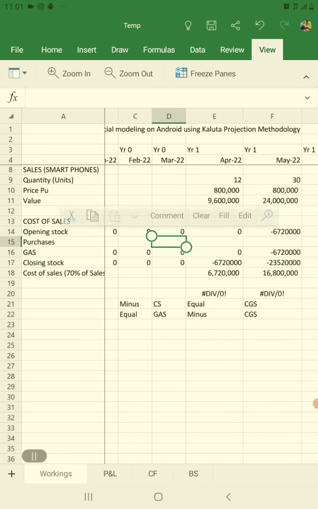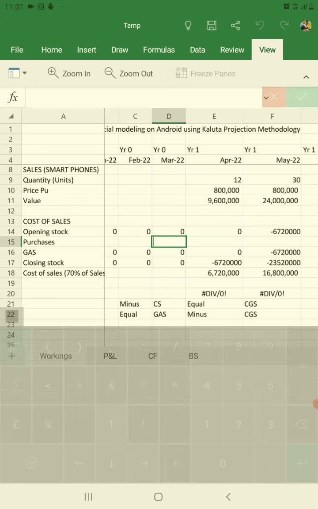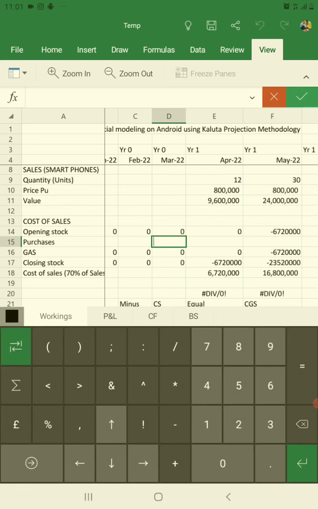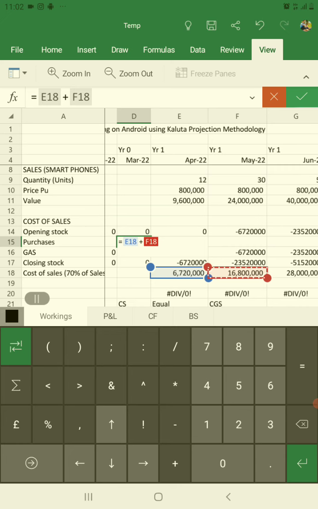So I can put a formula here, and say equal to the cost of sales for April, plus for May, plus for June here.